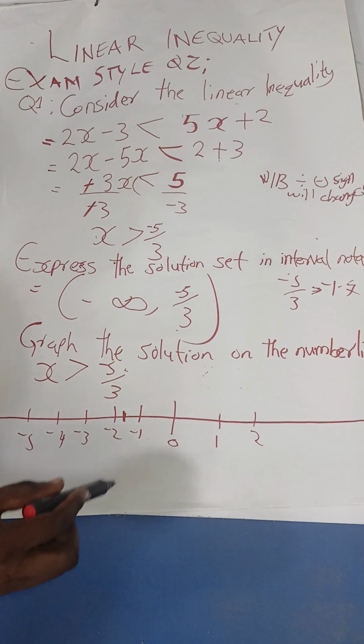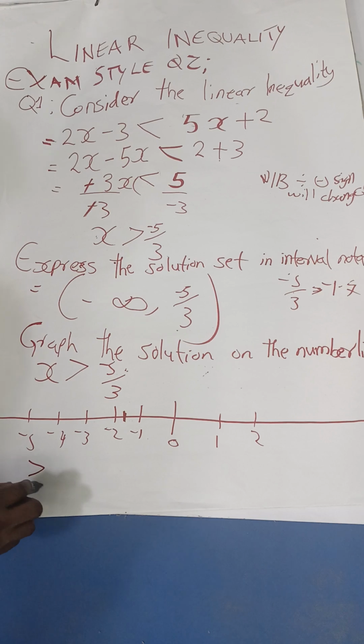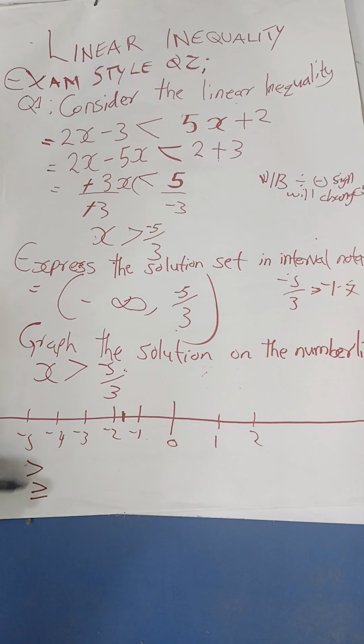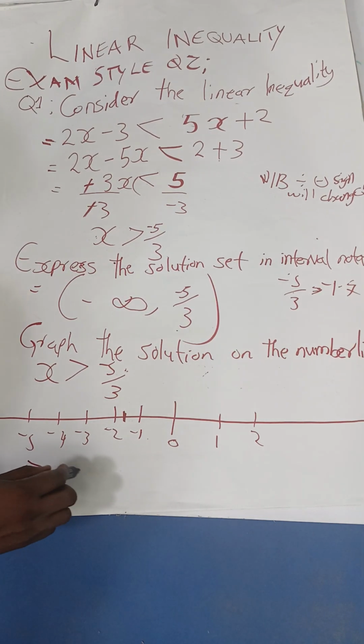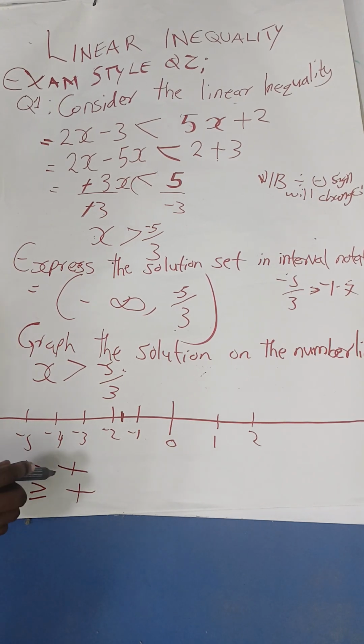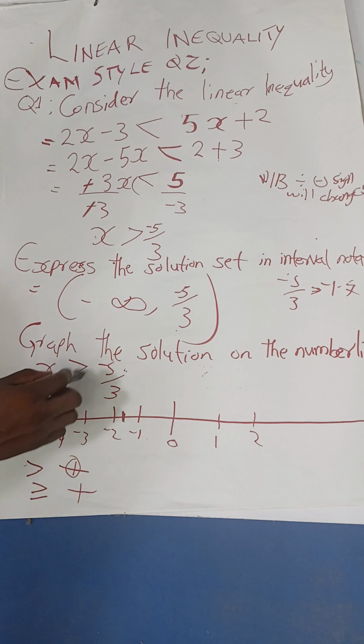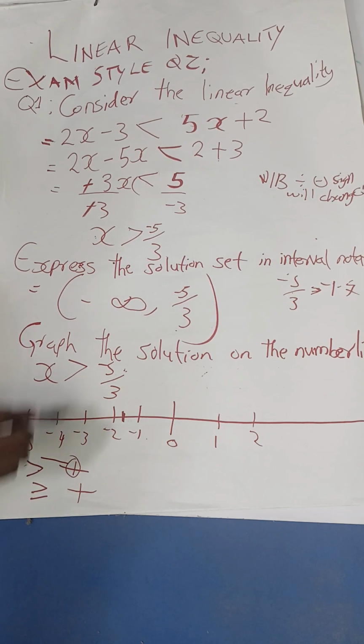Remember, I always insist on this: if you see greater than or equal to, when you go on the number line, this one is not inclusive.